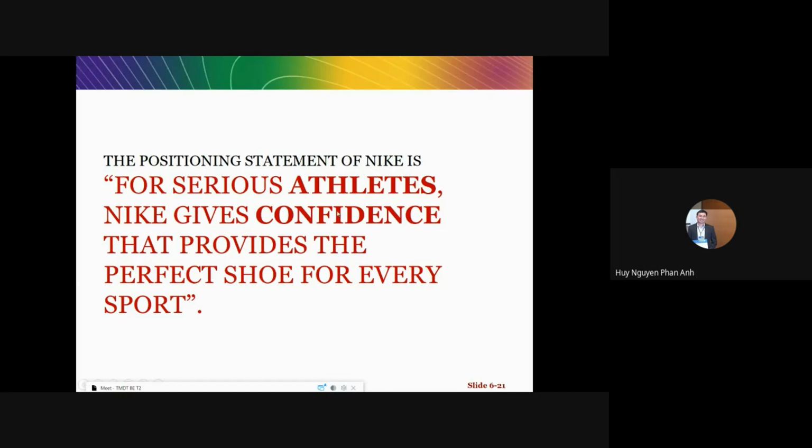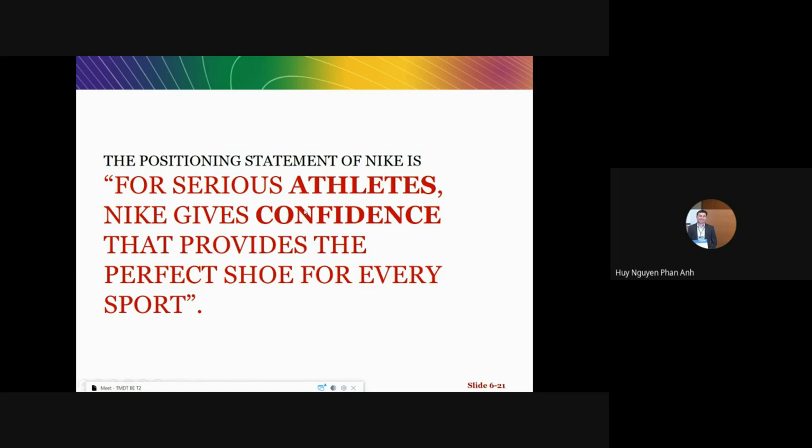For serious athletes, Nike gives confidence that provides the perfect shoe for every sport. So how to design a positioning statement? It's not similar to the slogan, so be careful about this. The slogan of Nike is like, just do it, right? And about the positioning statement, they will have several components like this.